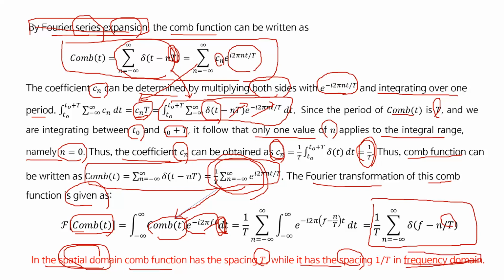That's the Fourier transformed one. So the Fourier transform of the comb function gives the function in the frequency domain: in the frequency domain, spacing is 1 over t, and in the real domain spacing is t. If we do the Fourier transform of the comb function, we still have a comb function, but the spacing is different.